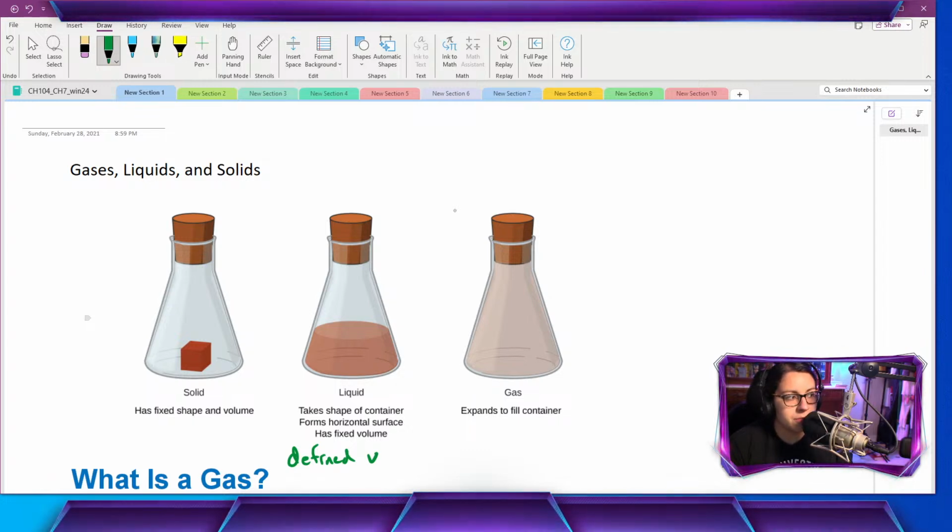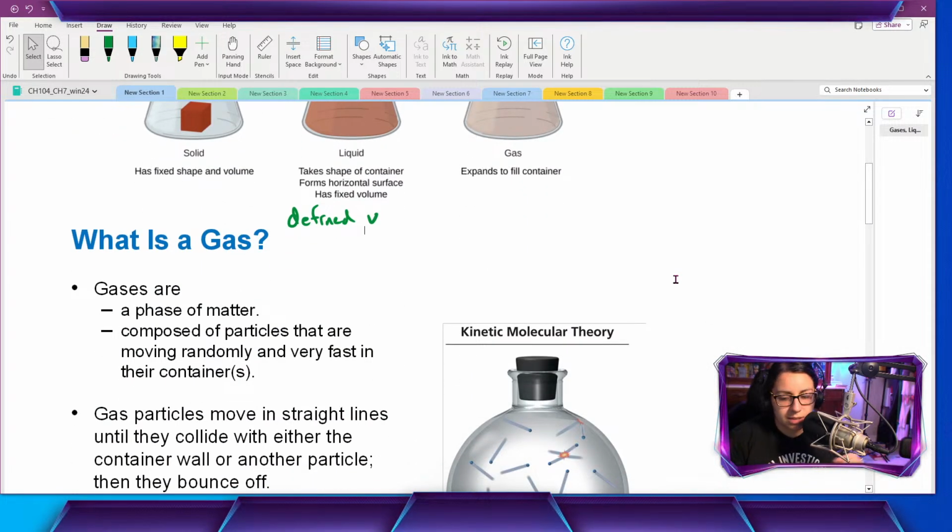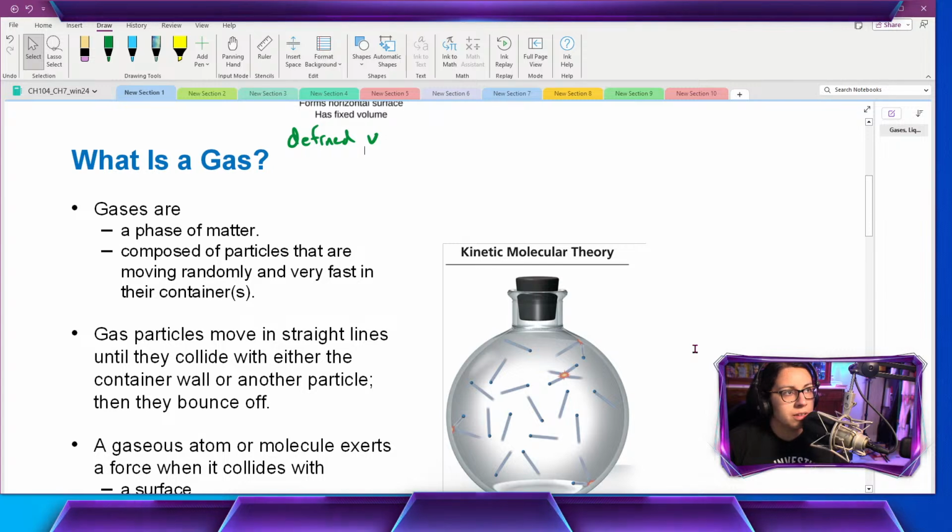And then if we compare that to gases, remember gases expand to fill a container, so you can think about perfume, right? That liquid becomes aerosolized and goes throughout the whole room. Same thing with any gas, it's going to mix. And so what is a gas? Again, this is our gas chapter.